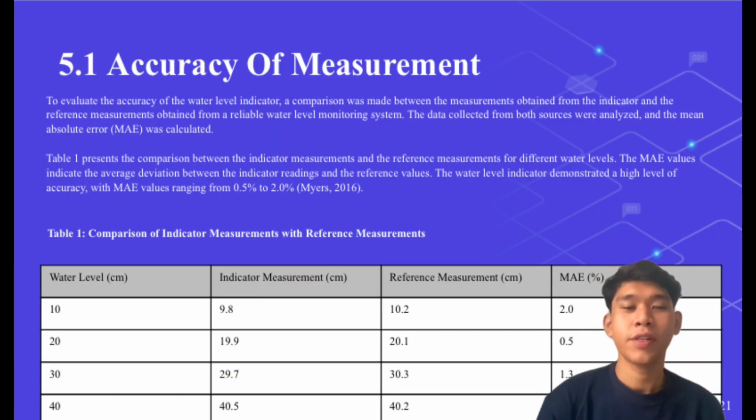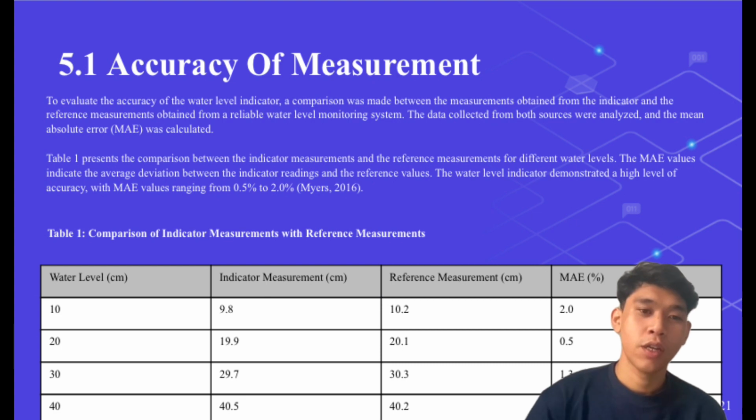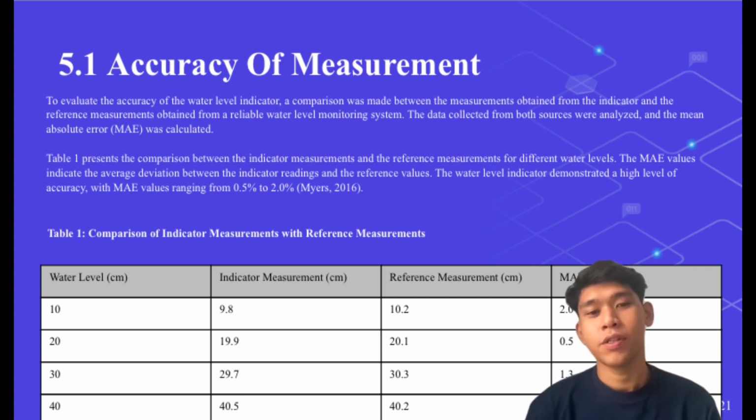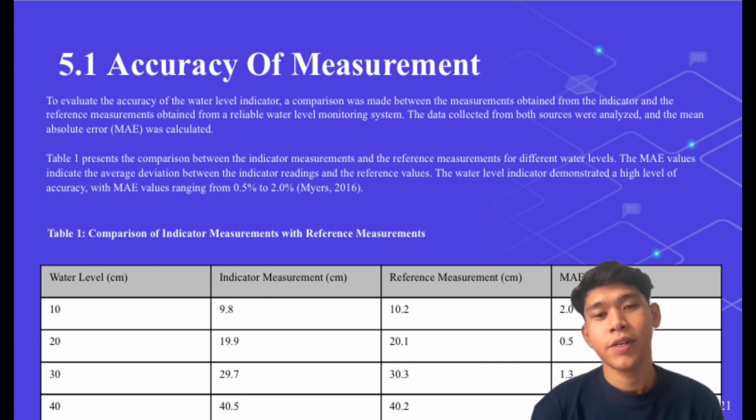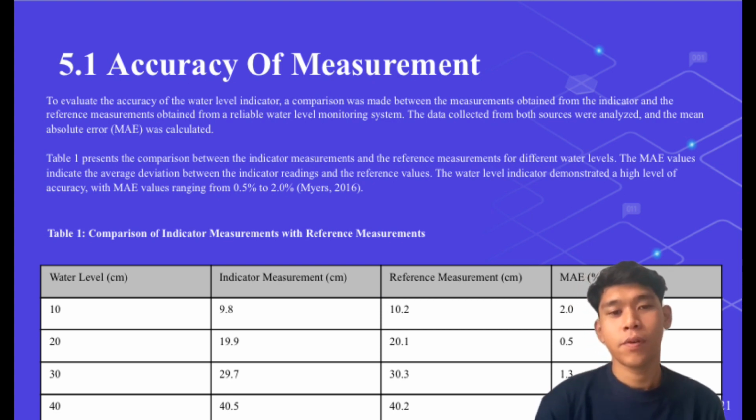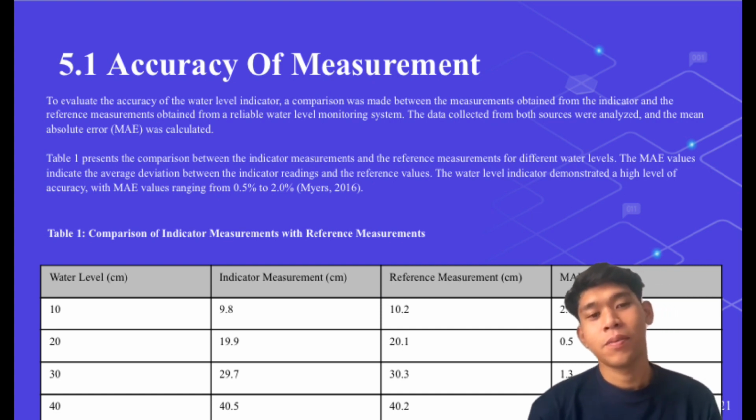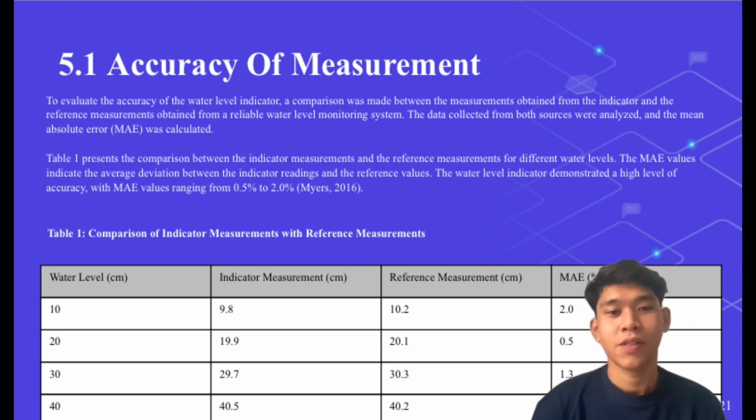Accuracy of measurement. To evaluate the accuracy of the water level indicator, a comparison was made between the measurement obtained from the indicator and the reference measurement obtained from a water level monitoring system.